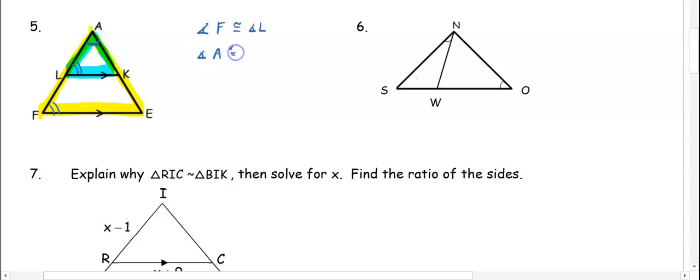So angle A is congruent to angle A. So then we can say that triangle FAE is similar to triangle LAK by angle-angle similarity.